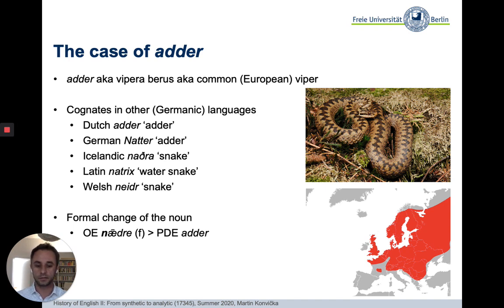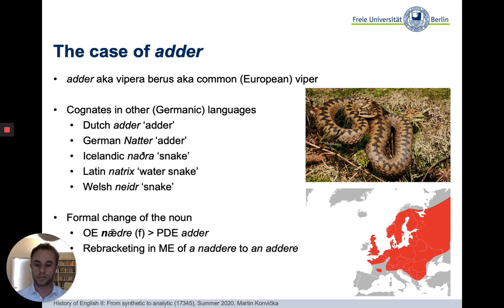And you might have noticed that in Old English there is an N at the beginning of the word, just as there is an N in German "Natter", "naðra" in Icelandic, and so on. So it seems that English and Dutch and also Low German actually are an exception to this. You don't have an N in the beginning. And the question is, how can this happen? And this is, in fact, fairly simple.